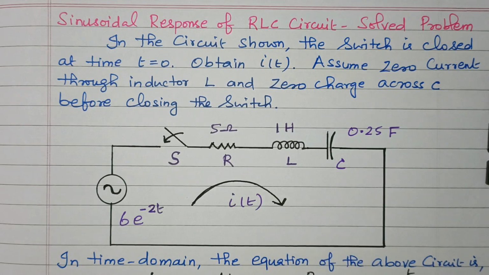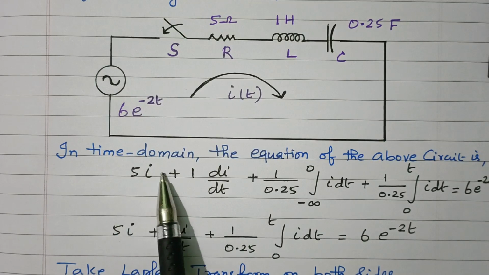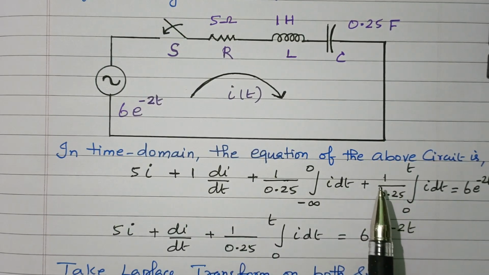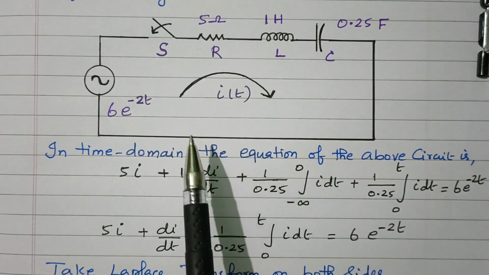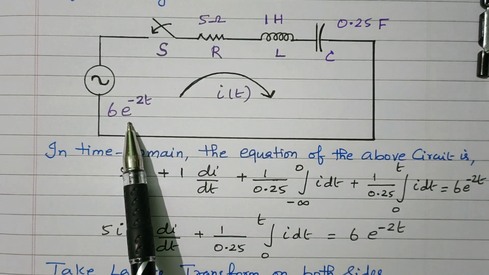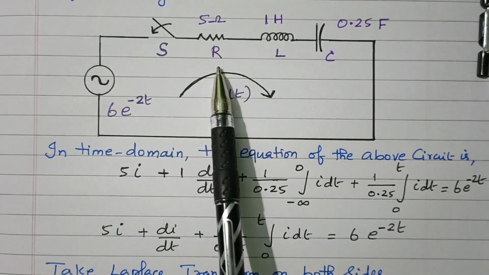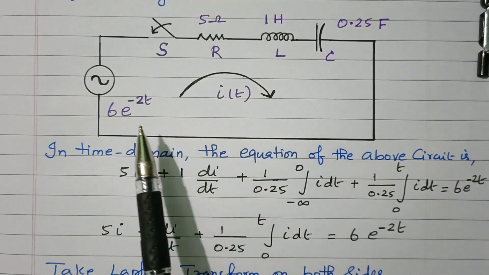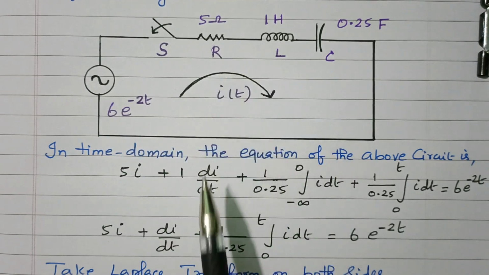Now we'll see the equation for this given RLC circuit. In time domain, the equation of the above circuit is based on the KVL, Kirchhoff's voltage law. We can write the equation. Based on KVL, the applied voltage is equal to the voltage drop across resistor, inductor and capacitor. Otherwise, voltage rise equals voltage drop across these three elements.